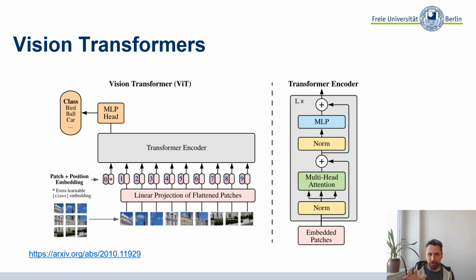The authors, I think, wrote that only 14 million samples, so that's ImageNet, isn't enough here to become better than the baselines. Then they used, so the biggest data set was 300 million images. That's something that we can't do at home. But the transformer in the original version that I've just shown you can be trained on our machines these days. And that's what you have to do for your assignment.